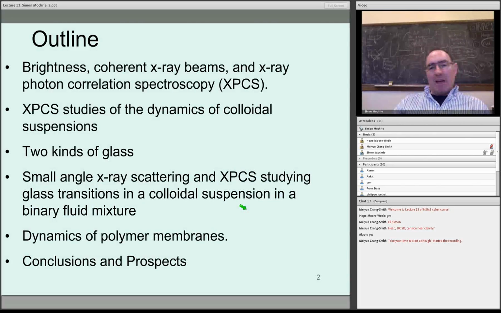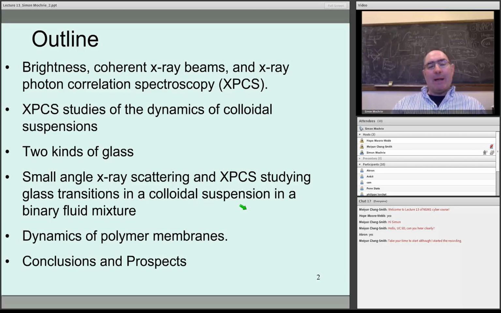So the first thing I thought I would do is talk a little bit about brightness and coherent X-ray beams, because a coherent or partially coherent X-ray beam is essential if you're going to do an X-ray photon correlation spectroscopy experiment.